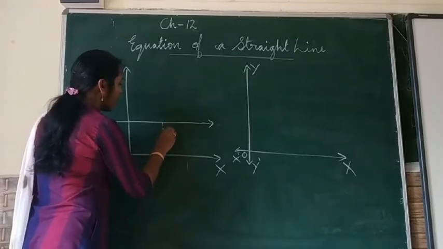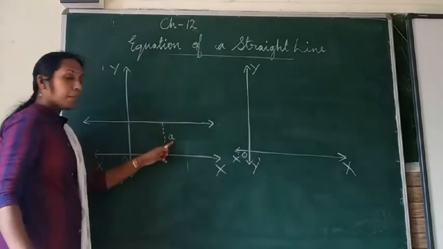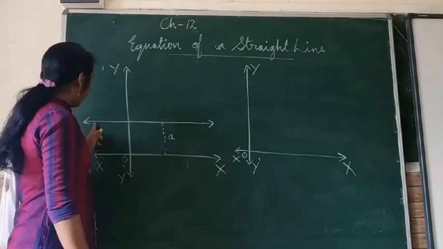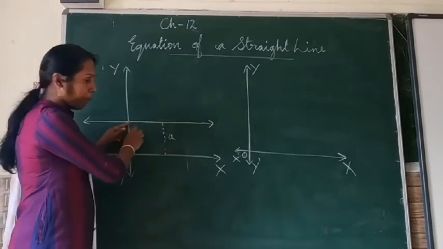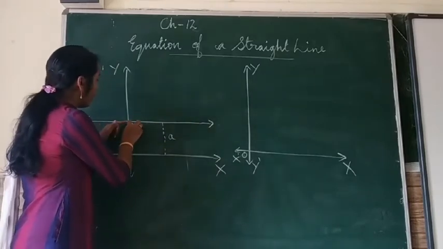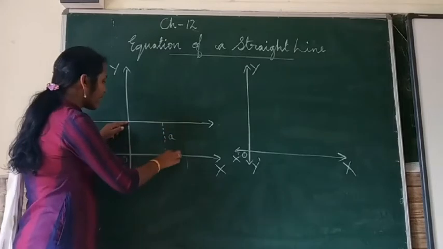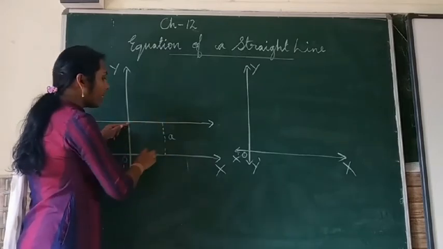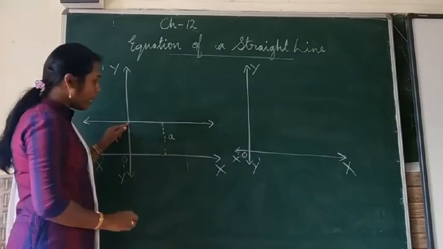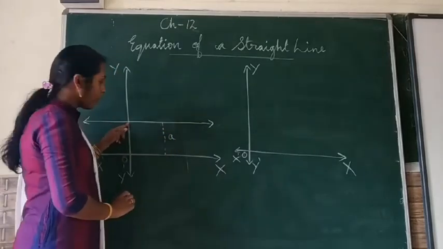Now, everywhere on this line, the value of y remains same. This line is parallel to x-axis. That means everywhere the distance between this line and the x-axis remains same, and that distance is A.